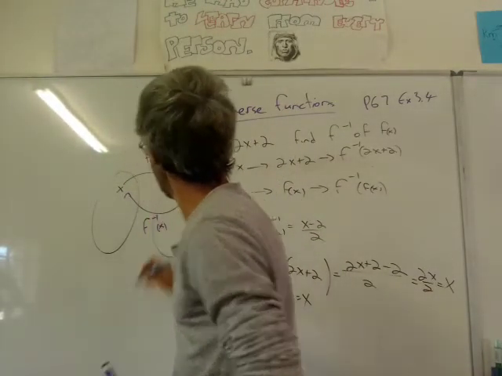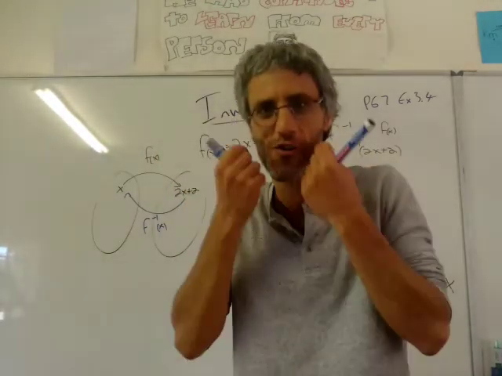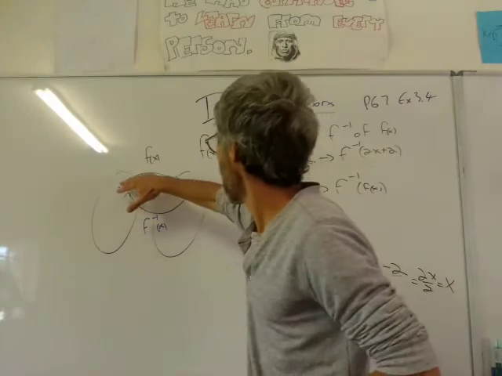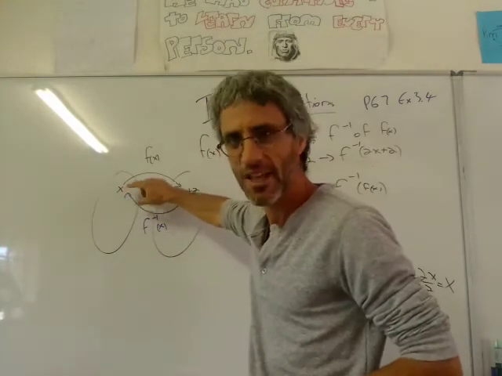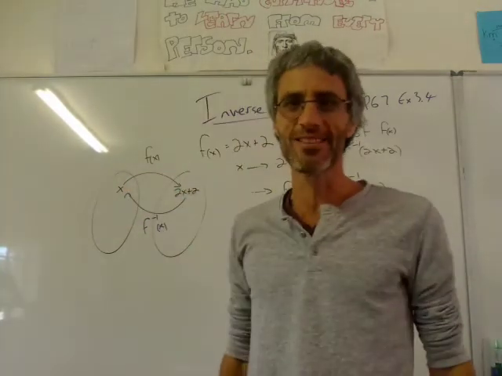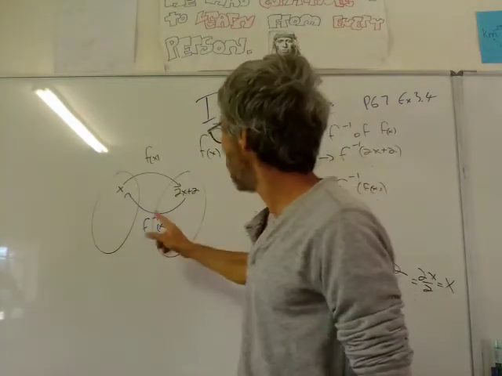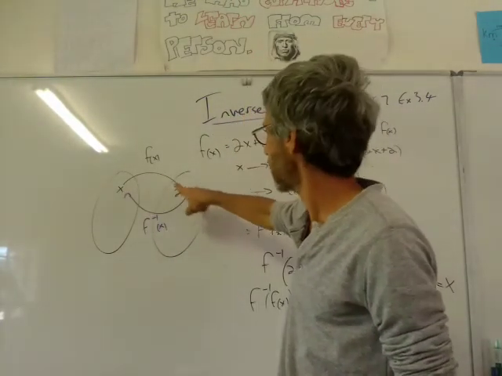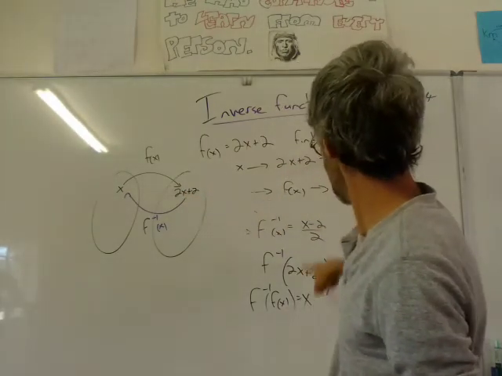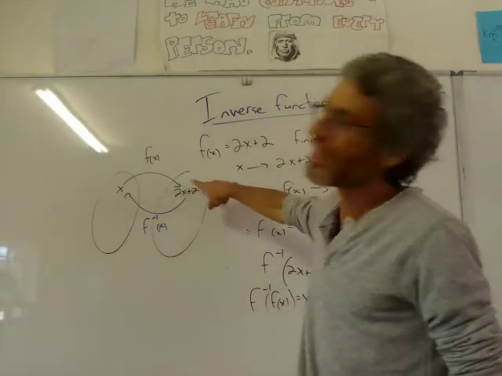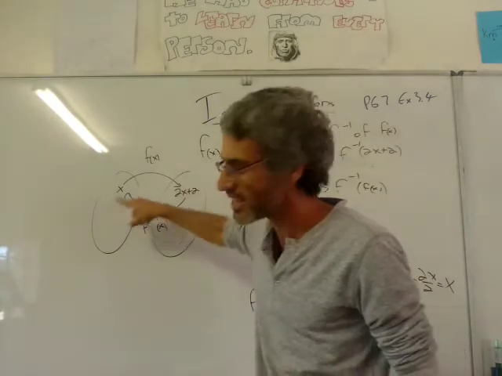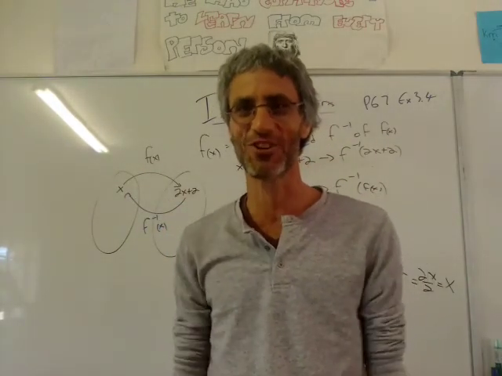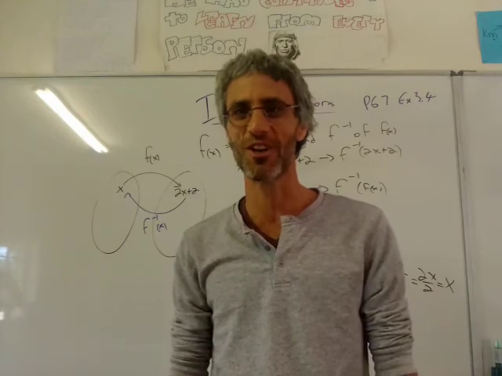The definition of the inverse function is that I take any y value and bring it back to x. So by definition, if I start with x and I apply f of x, and then I apply f minus 1, I have to get x. That is the definition of the inverse function.